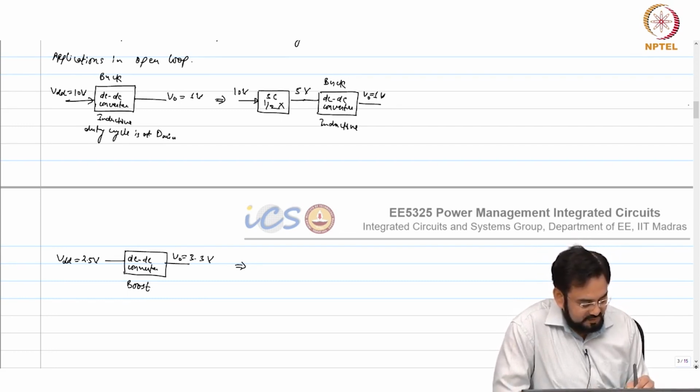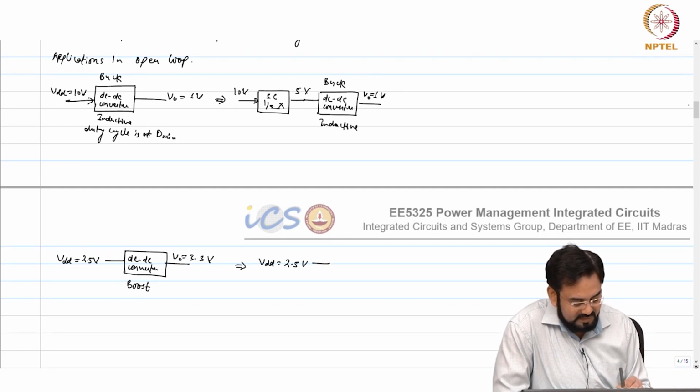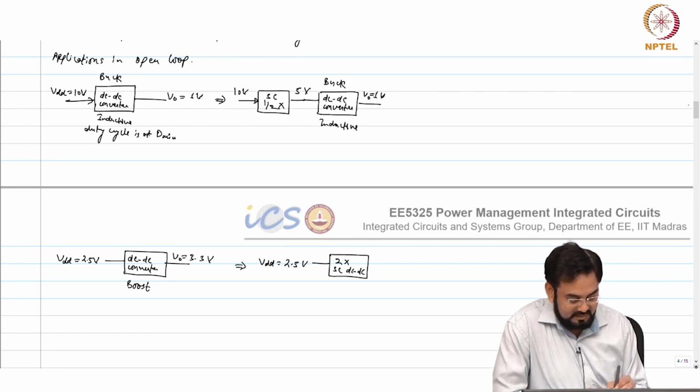So I will split it into, so VDD equal to 2.5 volt, I will pass it to 2x switch capacitor DC DC. So you will get 5 volt.